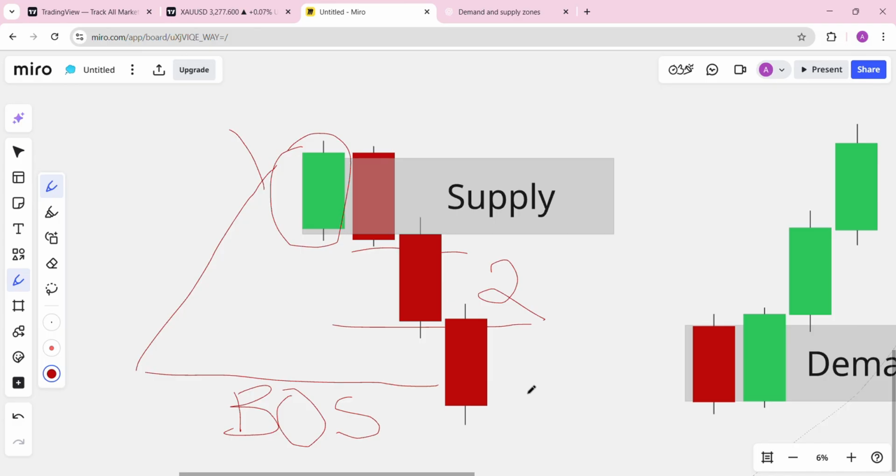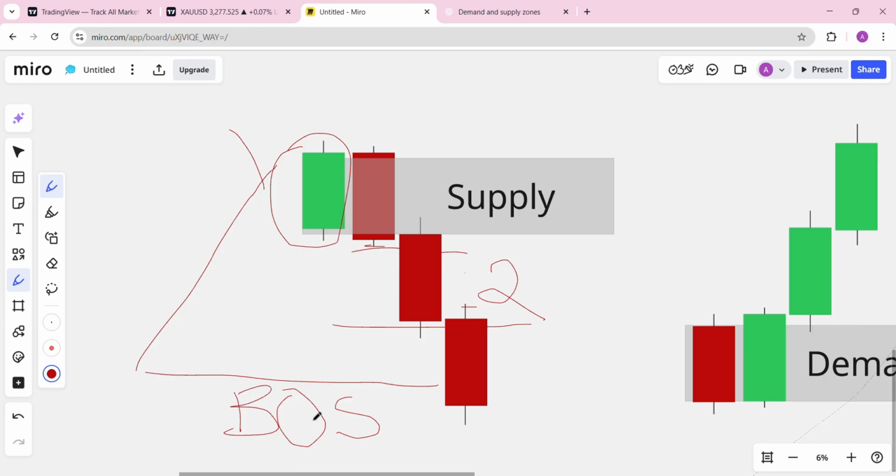To have a valid and strong supply zone, you want these three things appearing on your chart. First of all, you want to mark the last bullish candle that formed before the rapid movement to the downside, followed by the fair value gap, which is the gap between the first candle wick and the last candle wick.